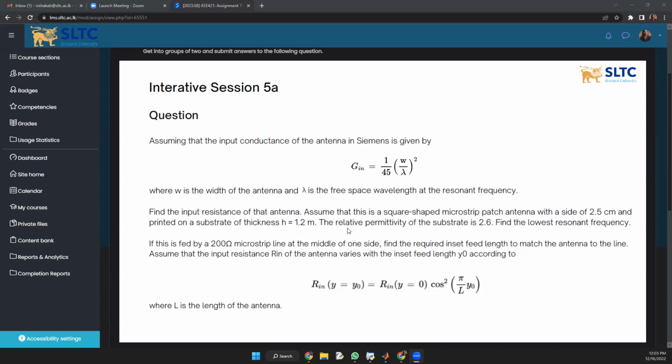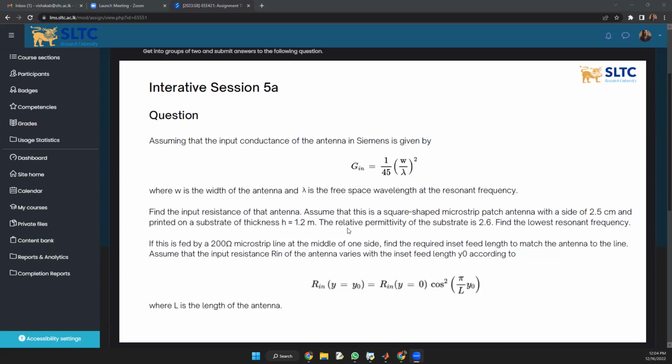Once you directly connect the feed line to an antenna without this inset feed method, there's some mismatch between the impedances of the antenna and the feed line. To reduce that mismatch, we are trying to find the position where the characteristic impedance of the feed line is equal to the impedance of the antenna.